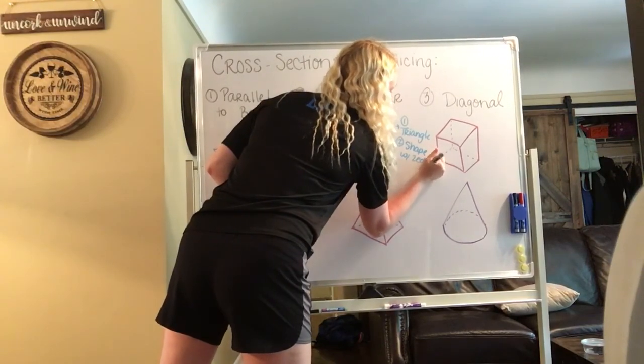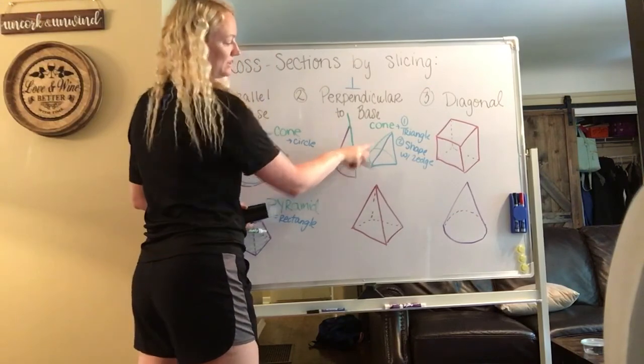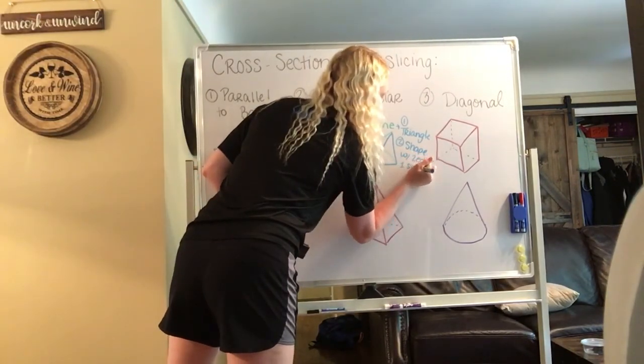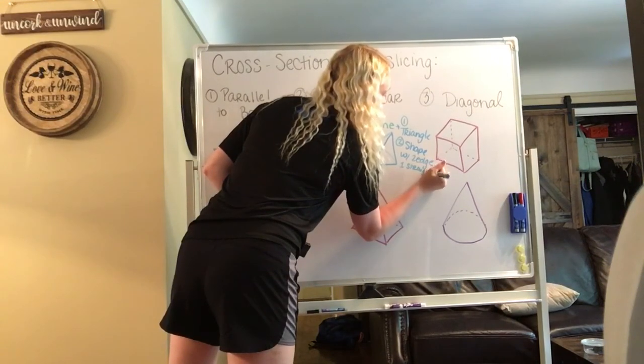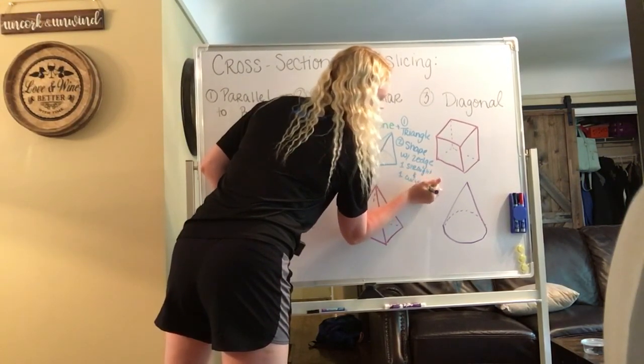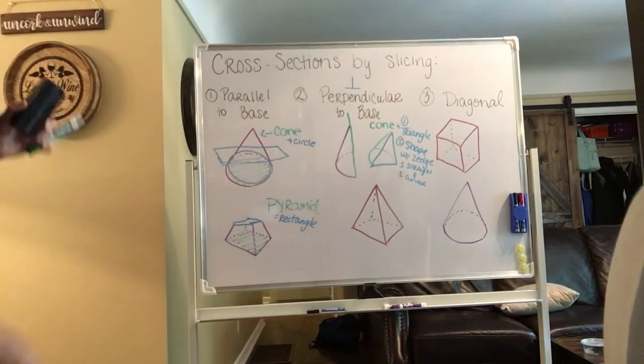Now, here's the thing. One of the edges is straight, while the other one is curved. Okay, so one straight and one curved. That's our second shape that we see. That's the weird one there.